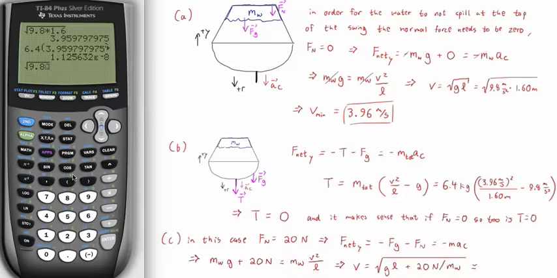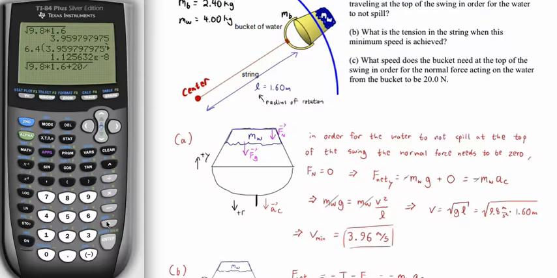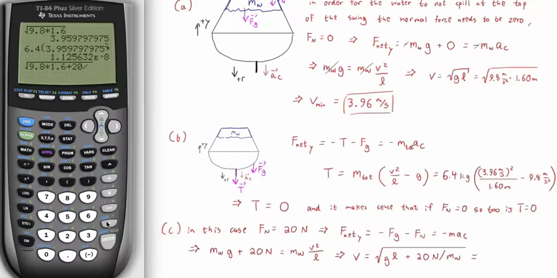So multiplied by 1.6, and then plus 20 divided by the mass of the water, which was 2.4, I believe. Yep, 2.4.